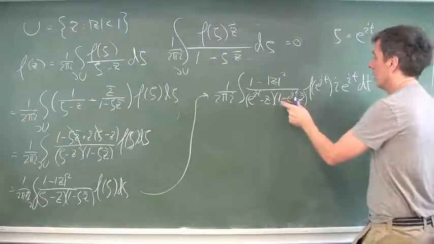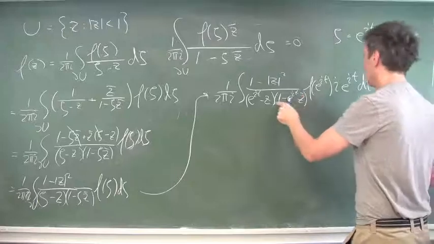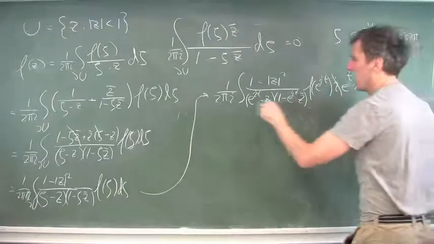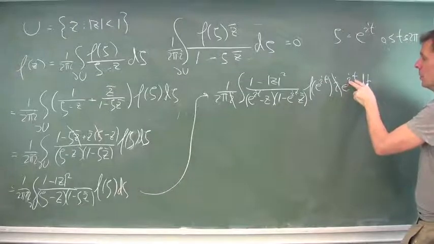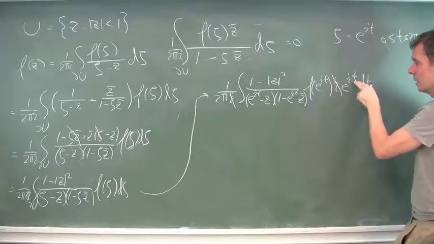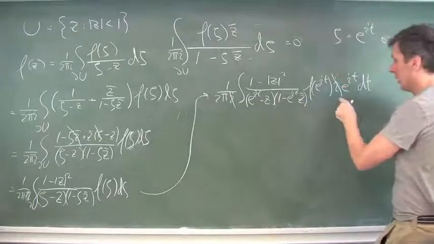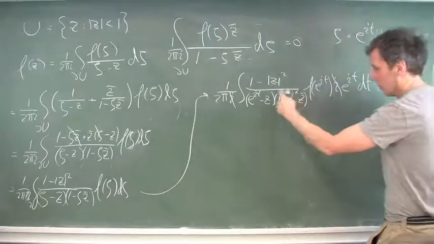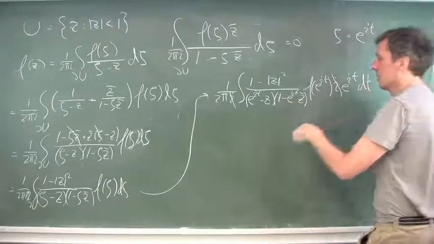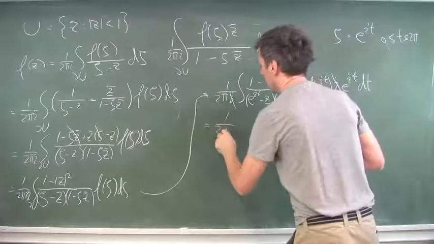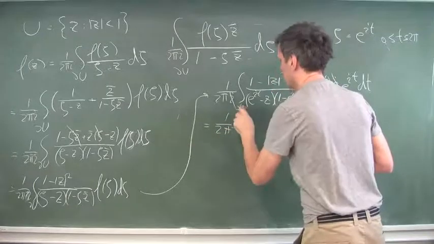Now, to simplify this further, we first note that the i's will cancel out here, and then we can move this factor e to the i t down into the denominator, and then we have to multiply down here by e to the minus i t, which will then give us the following.